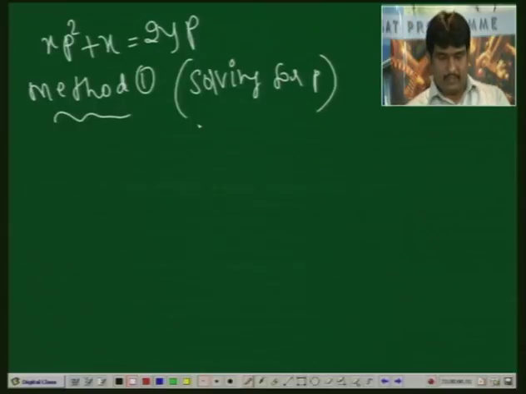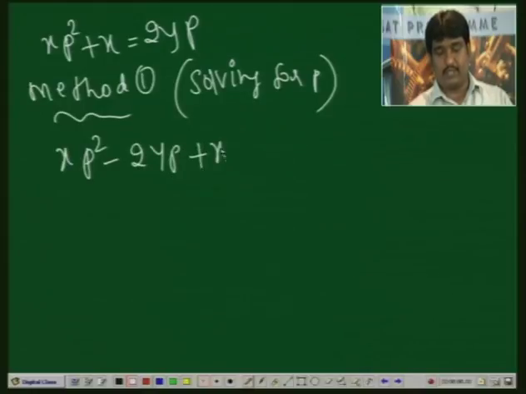Now I have to factorize this. It's like xp square, it's a quadratic equation in p. xp square minus 2yp plus x equals to 0.